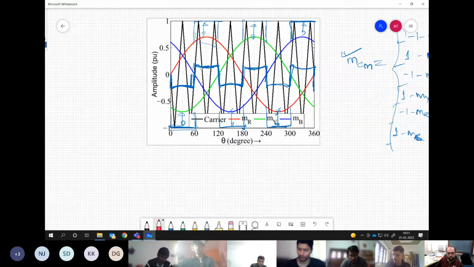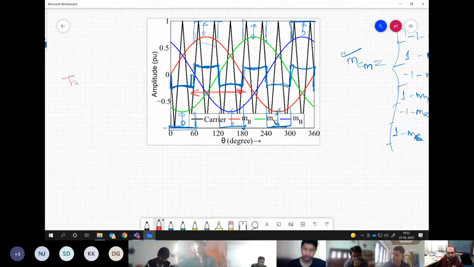Now, if you see closely, this is, you can say, one cycle of your common mode, and which is repeating 3 times within the fundamental cycle. So this is again some kind of third harmonic or triplet harmonic, you can say. This is not third, but something which is repeating itself at 3 times of the fundamental frequency.